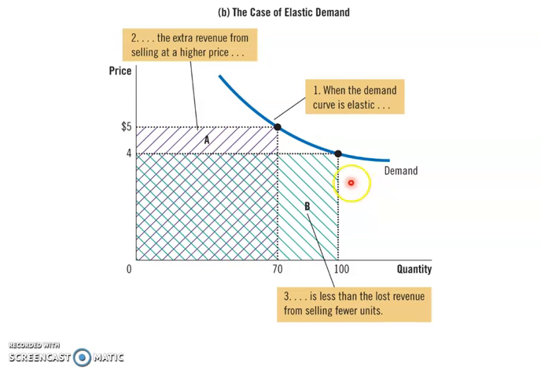Now here we use different colors to shade these two rectangles. The green one shows the old revenue, and the purple one shows the new revenue, under different prices.